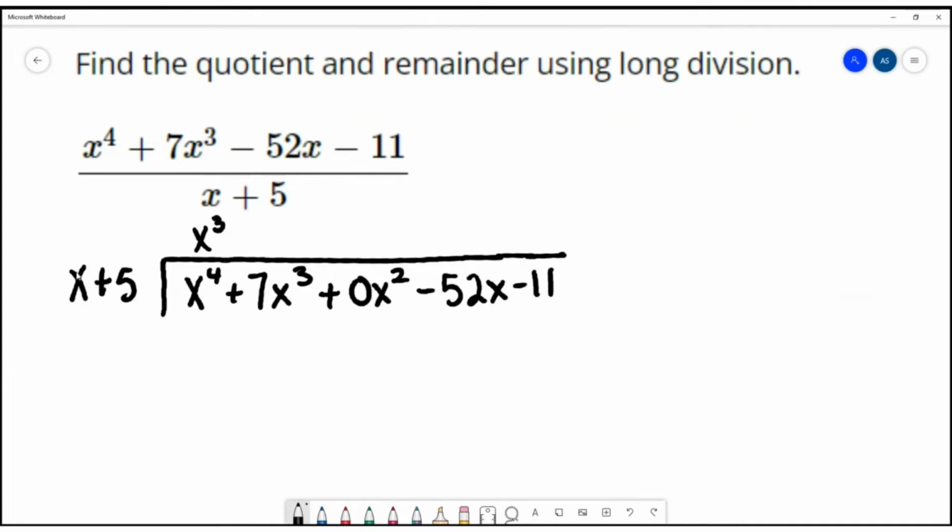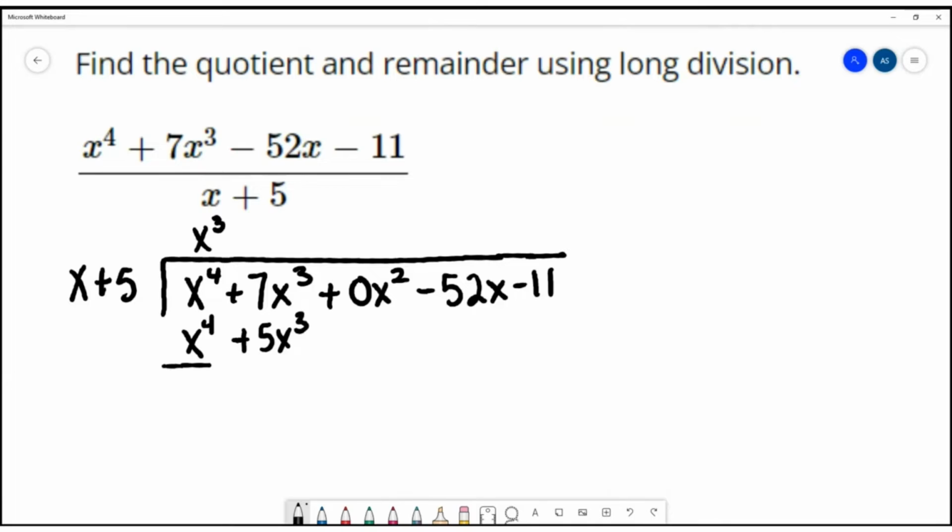And remember, earlier we ignored the plus 5 and only focused on the x, but on this step we don't want to ignore the plus 5. We want to multiply x cubed times both of these terms. X cubed times x is x to the fourth. X cubed times 5 is 5x cubed.